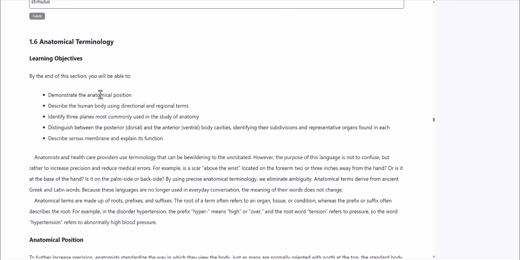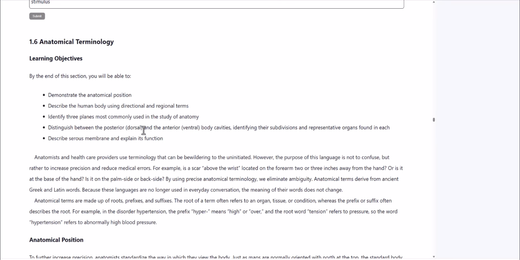There's a lot of information here, but this information is essentially identical or highly correlated with what you are doing in Lab 1. In Lab 1, you are learning about anatomic position. You are learning about directional and regional terms. You're learning about the three main planes used to study anatomy.